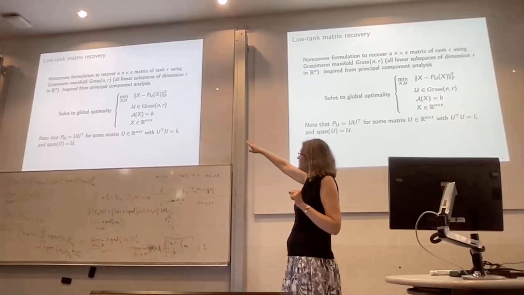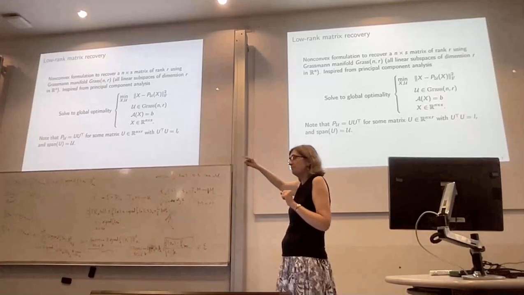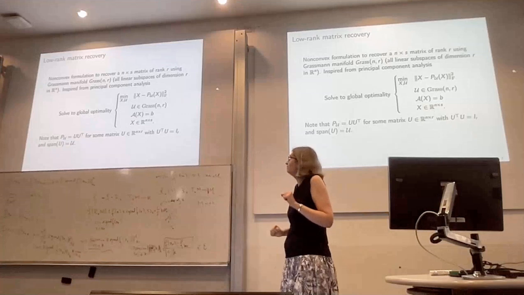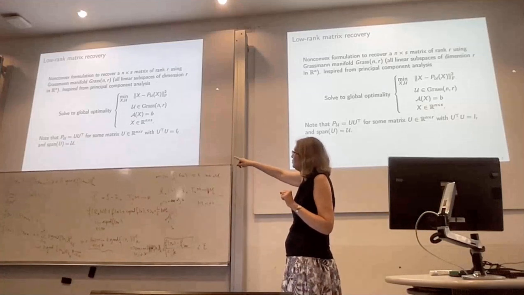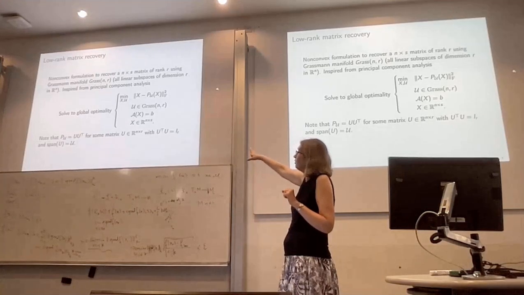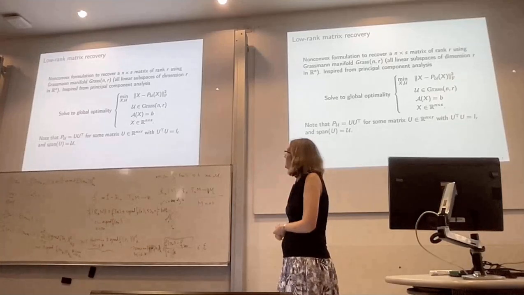And I have linear measurements, all right? So I'm trying to solve this problem where I need to find both X and U. How do I do it? Well, I can find a matrix U that's orthonormal, with orthonormal columns, and the span of U spans the Grassmannian manifold.